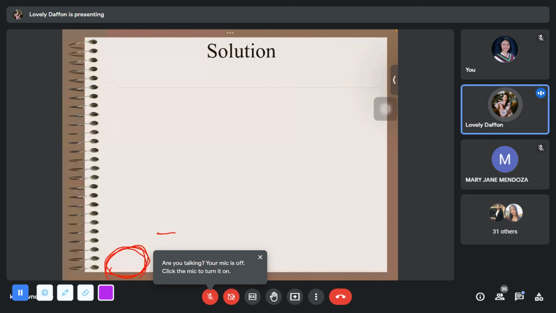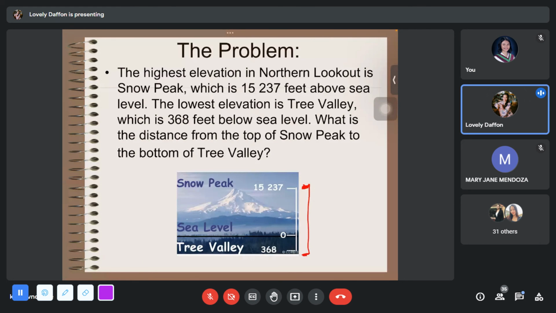Therefore, our question here is, how much is the distance from 0 to 368? So you just add them. From 0 to 15,237, you add the 368 below, and then you will get the distance from the top of the snow peak to the three valleys. So you just need to add.